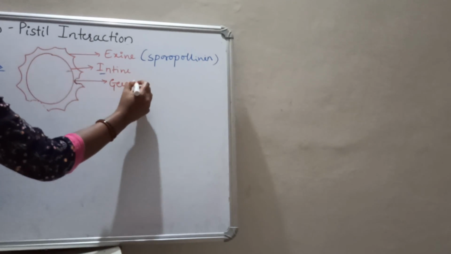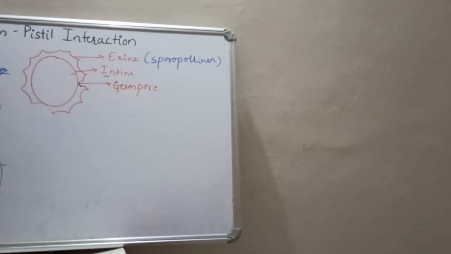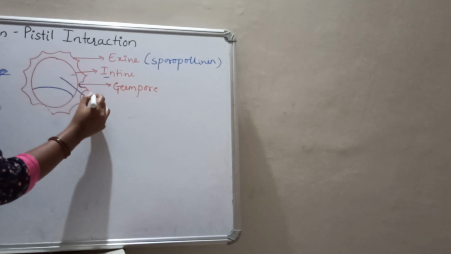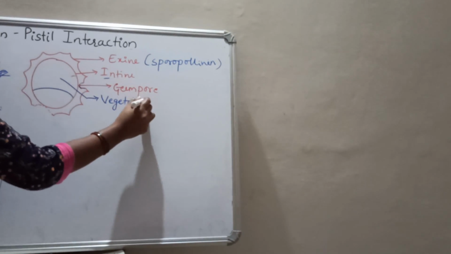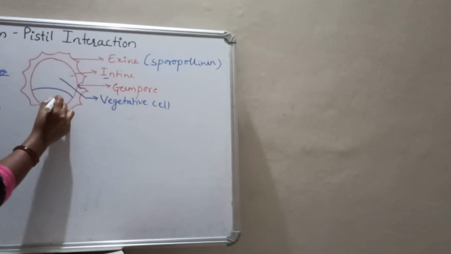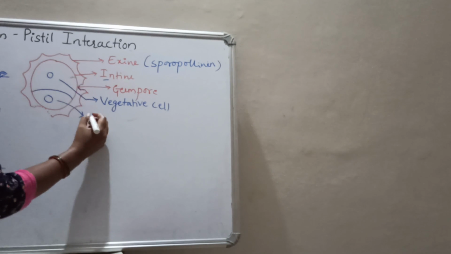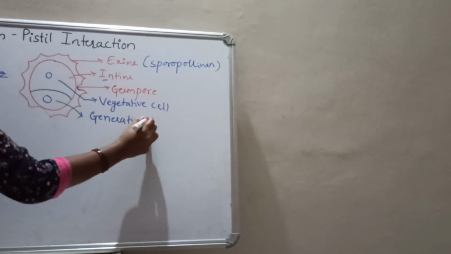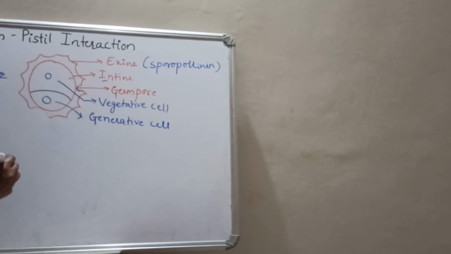Germ pore. Then the pollen grain has two cells. One is the vegetative cell and the other one is the generative cell. This is the structure of the pollen grain.